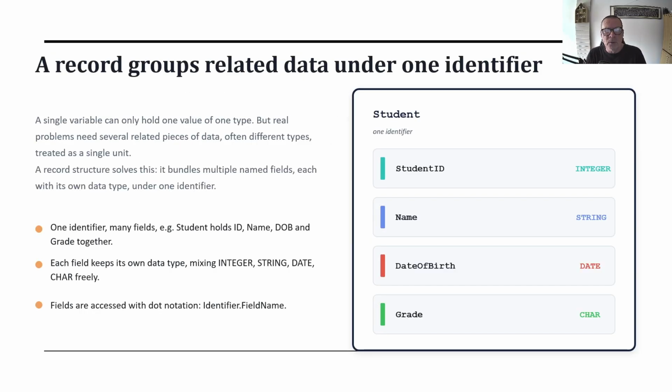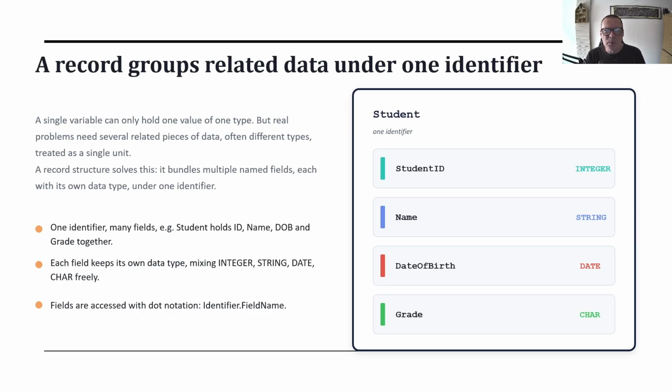We also have records, and records group related data under a single identifier. So in a single variable, you can only hold one value of one type. But in real situations, you often have several pieces of related data that you want to store and treat as one thing. And a record structure solves that problem.